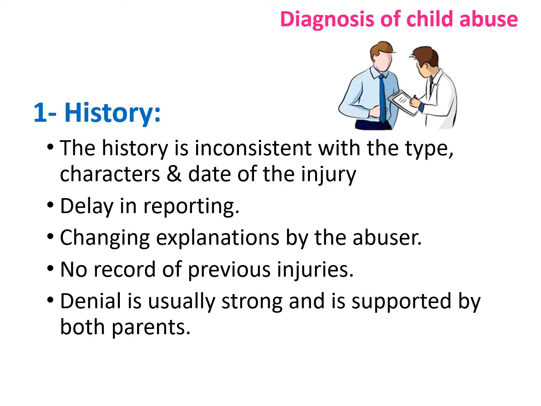But after you examine the injury, you find a longitudinal bruise or parallel lines of bruise, which is characteristic of a slap mark. So there is inconsistency with the character.